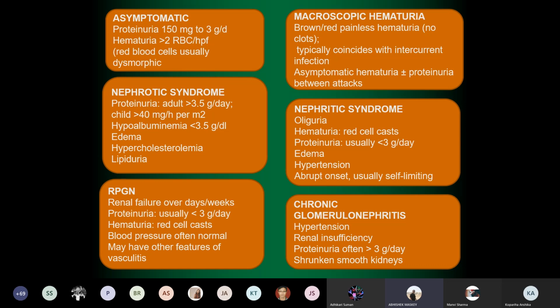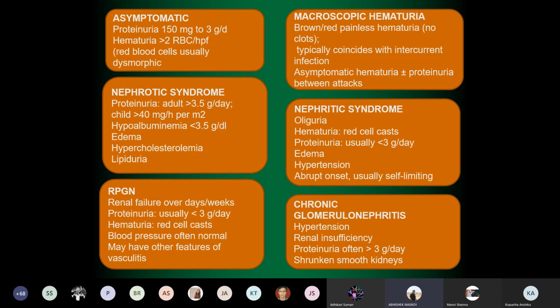Our normal kidney size is supposed to be 9 to 12 centimeters in length, and we do a USG to check the kidney size. If it's less than 8 centimeters bilaterally, then we consider this chronic glomerulonephritis. Once we diagnose chronic glomerulonephritis, there is not much to offer the patient, because no medication can revert it to normal.